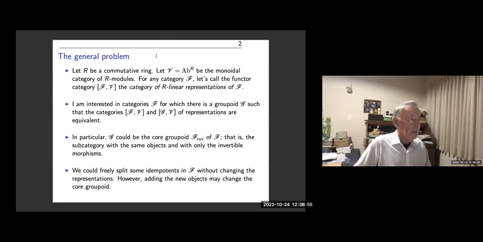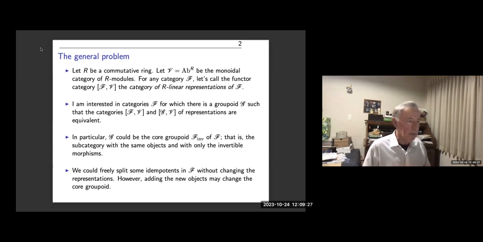Okay, so the problem, as you would have read if you read the abstract, is that I'm interested in when a category F, if you define a representation of a category F to be a functor from that category into a category of modules, when the representations of that category F could be those of a groupoid.